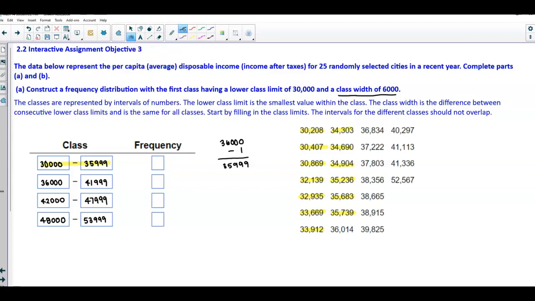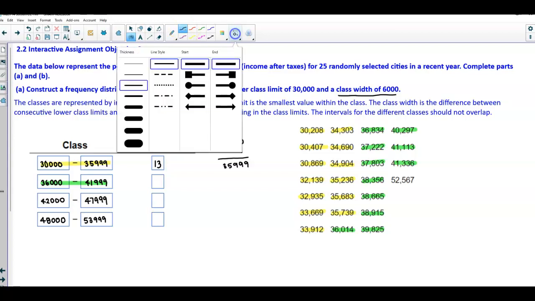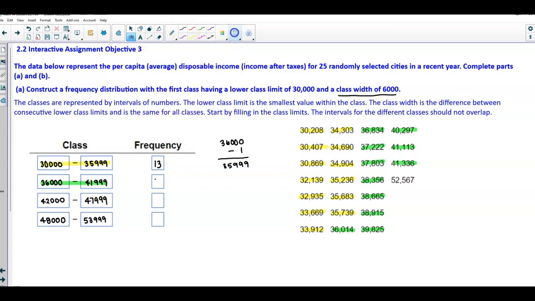Therefore, we have 13 values that fall within that first class. Our second class is the values between 36,000 and 41,999. We have 1, 2, 3, 4, 5, 6, 7, 8, 9, 10, and 11. So therefore, we have 11.